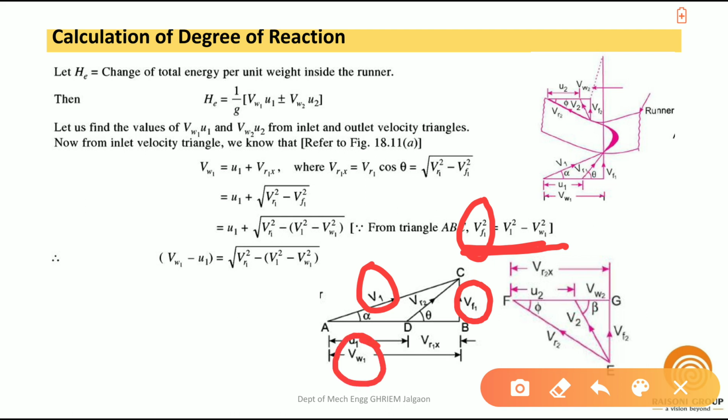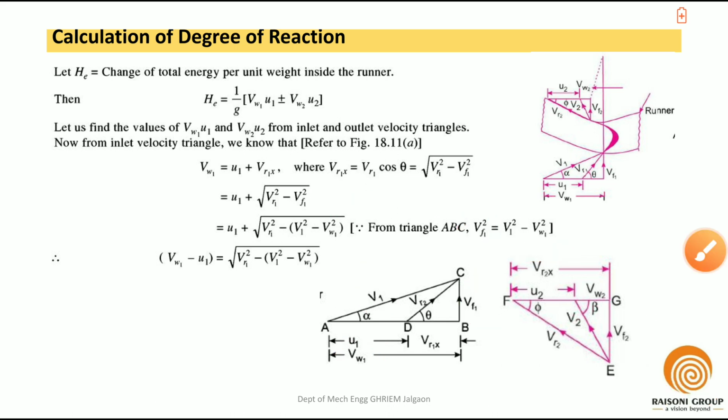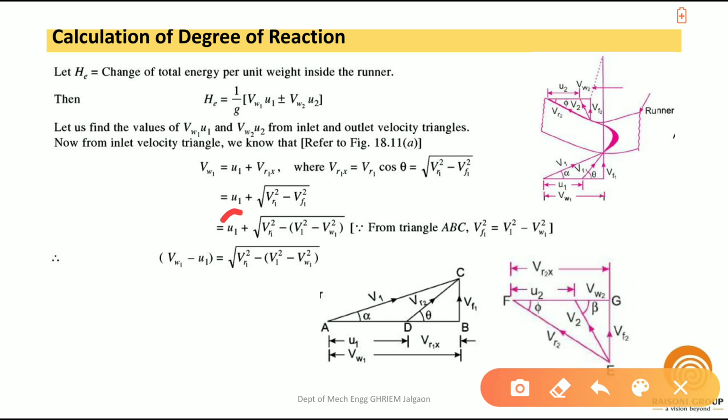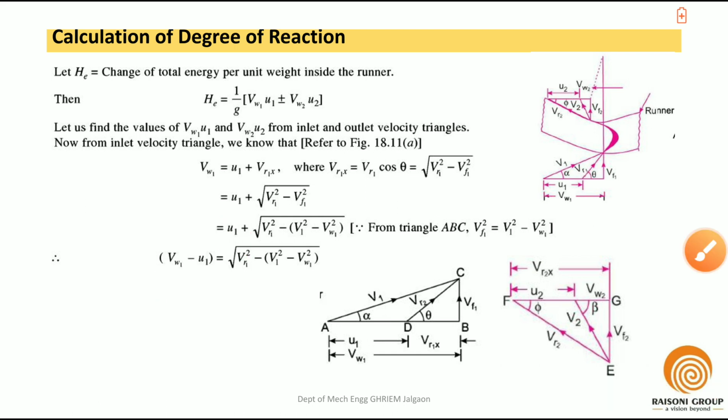So according to this, we can replace the value of Vf1 square here by V1 square minus Vw1 square. Now if we put this U1 on this side, it will become Vw1 minus U1, and the other side will look like this: under root of Vr1 square minus the bracket V1 square minus Vw1 square.